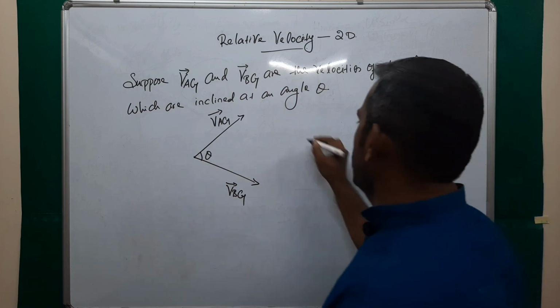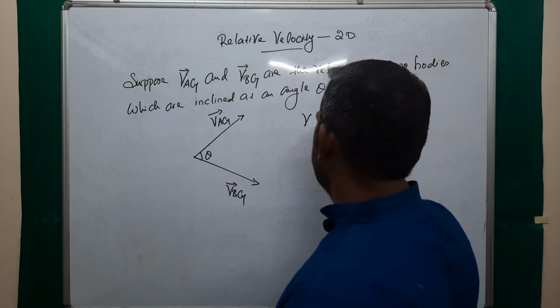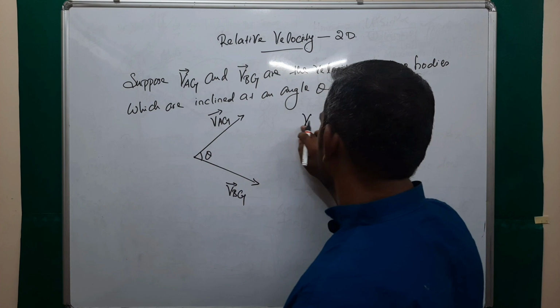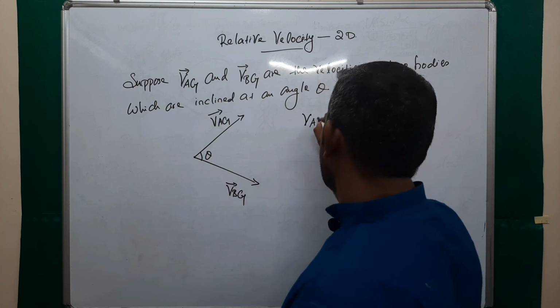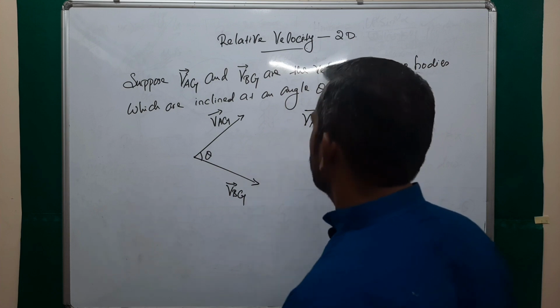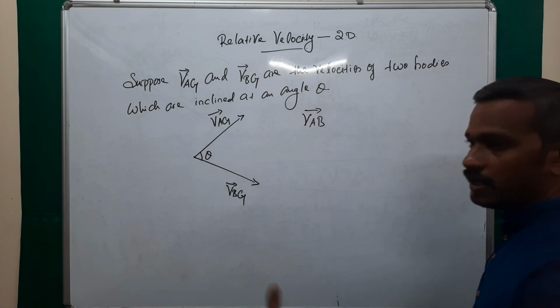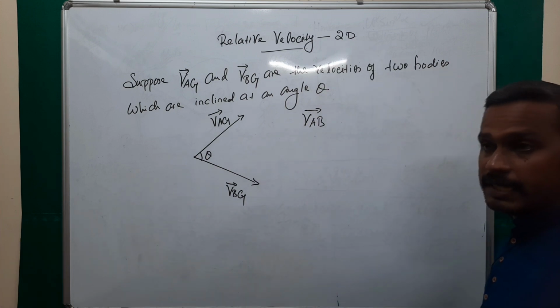So what is the relative velocity VAB? They are not in a straight line; they are inclined at an angle theta.